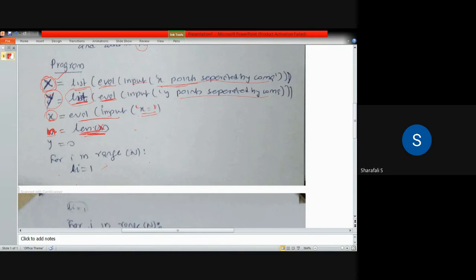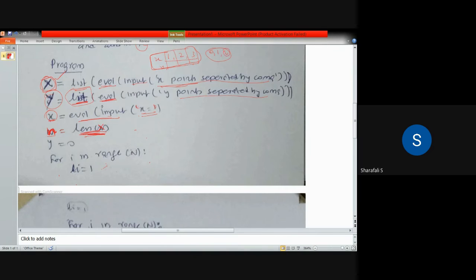Why do we have to consider the length of the list? Let's say you have some 3 points, 1, 2, 3 in x, and correspondingly we have some values in y also. If you have this kind of data set, then we have 3 points, which means the maximum degree of the polynomial should be equal to 2. And if you consider the length of this list, it will be 0, 1, 2 is the index that you have.